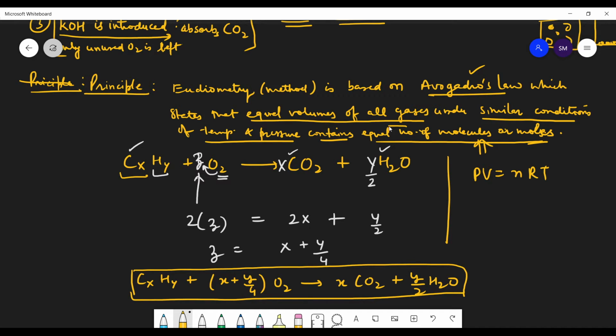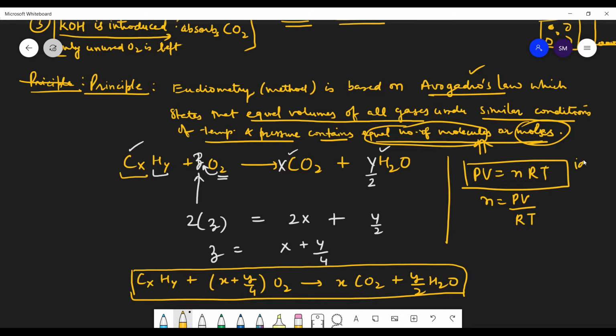We are talking about number of molecules, number of moles, so that is n. So n will be equal to PV by RT. Students, have you seen this equation or not? Doesn't matter. This is a very important equation. We call it the ideal gas equation. What is T? Temperature. What is P? Pressure. What is V? Volume. What is R? This is a constant.